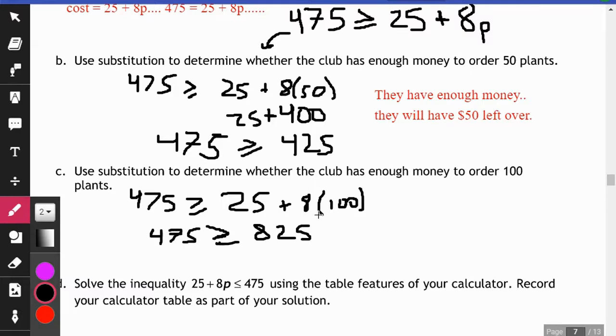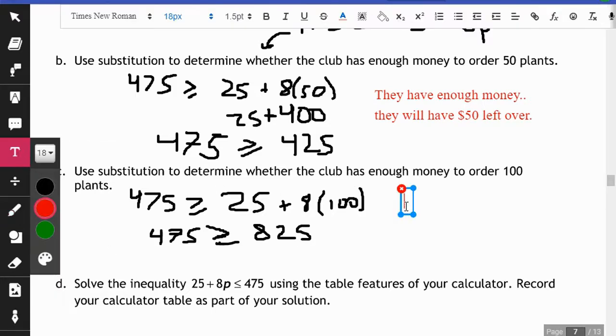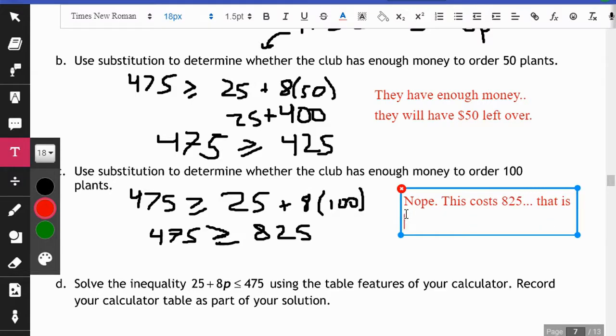Clearly, that is not a good thing. Is 475 bigger than 825? No, it's not. In other words, nope. This costs 825. That is $350 too much, for the budget.